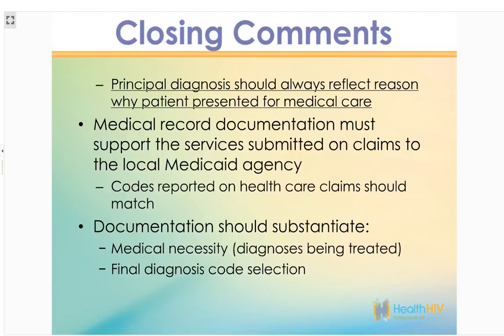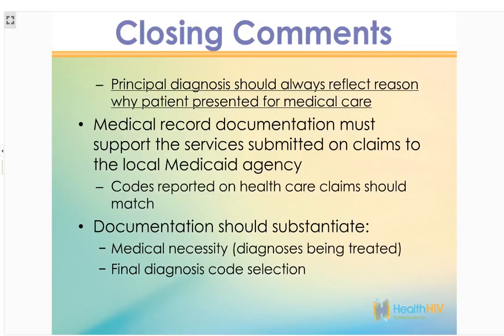So just to clarify, if the patient presents for an acute problem that is not AIDS or opportunistic or age-related, that problem should be coded first. Absolutely. Remember, in terms of coding, think, why did the patient come today? Whatever reason the patient presents for, that would be sequenced as the principal diagnosis.